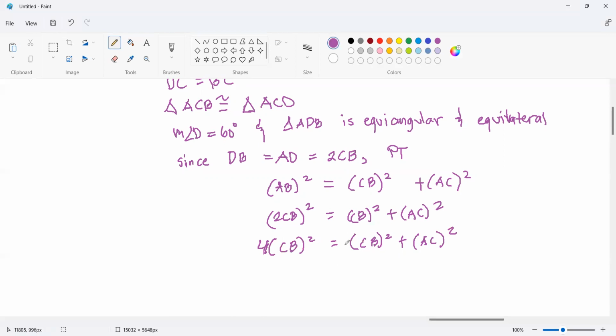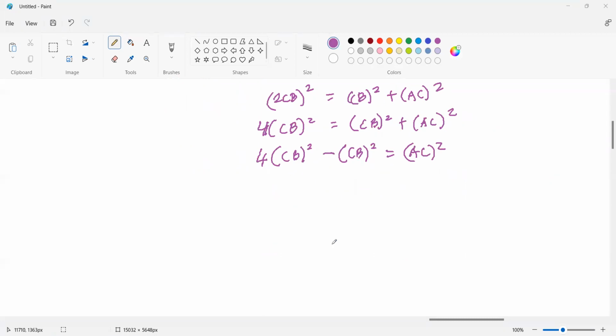So 4CB squared minus CB squared equals AC squared. That leaves 3, so 3CB squared equals AC squared. Now we solve for AC.